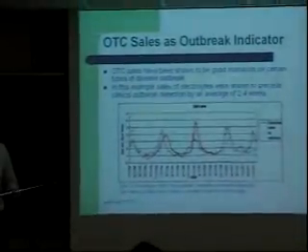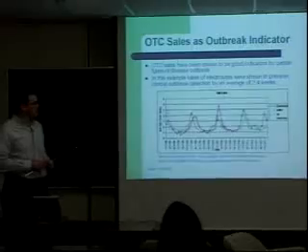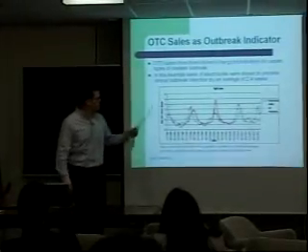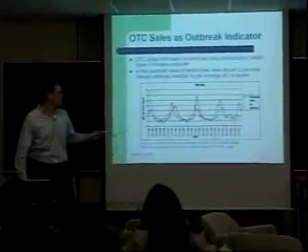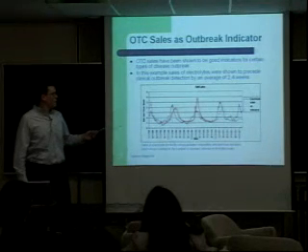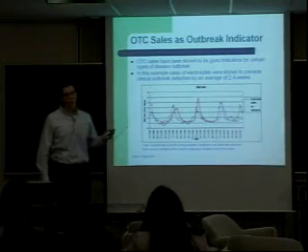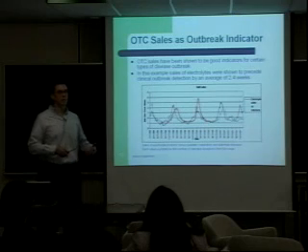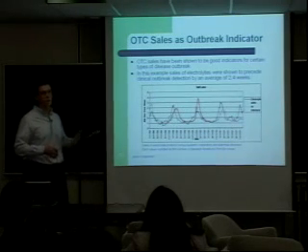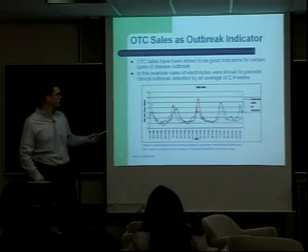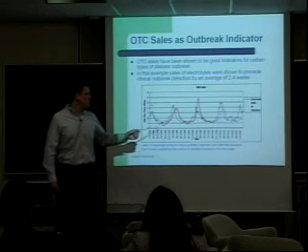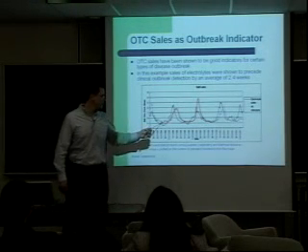Using over-the-counter drug sales as an indicator, this particular study was looking at the correlation between sales of electrolytes for children, basically like Gatorade and that sort of thing to rehydrate children, and the actual clinical diagnosis of diarrheal disease or infectious diarrheal disease.